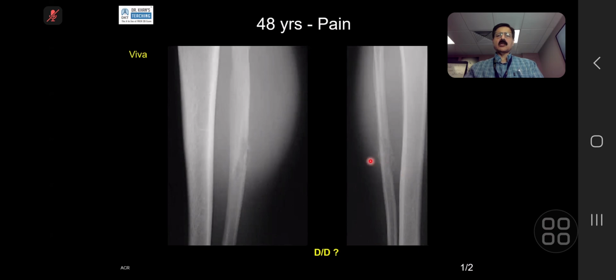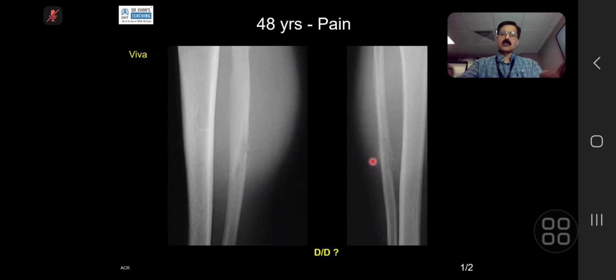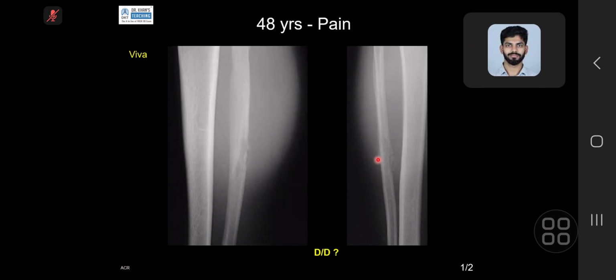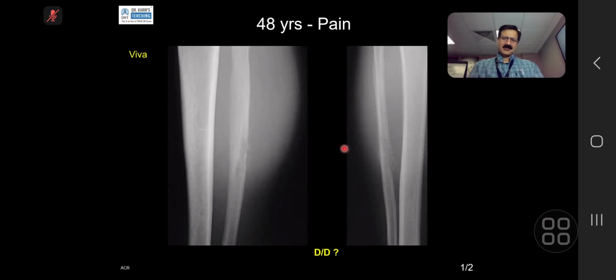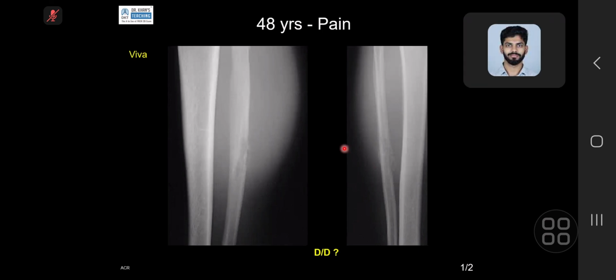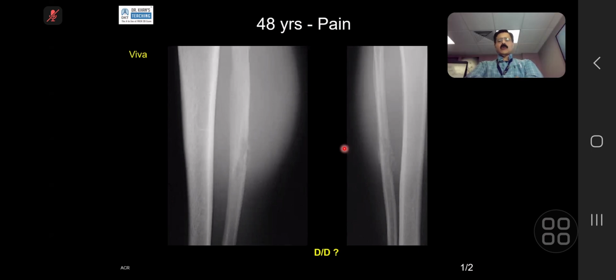Now, the differential diagnosis is what we are talking about. Aggressive lesion here, mid shaft. So what will you consider? Ewing's and infection, osteomyelitis. 48 years old. Here comes the catch. Metastasis, yes. So you see, in the last case, you did very well, where you confined yourself to the age group of the patient.